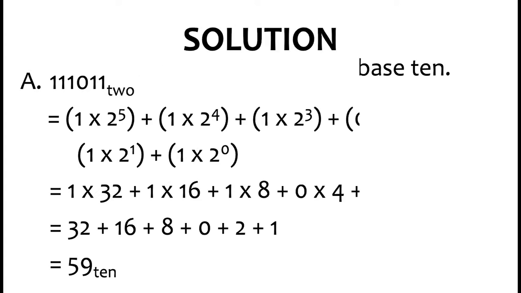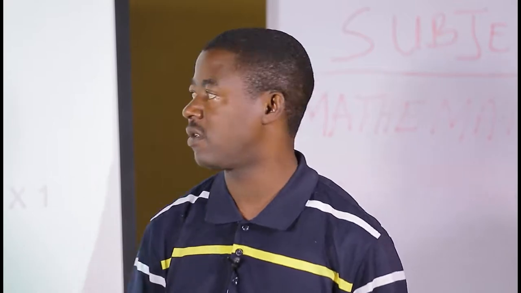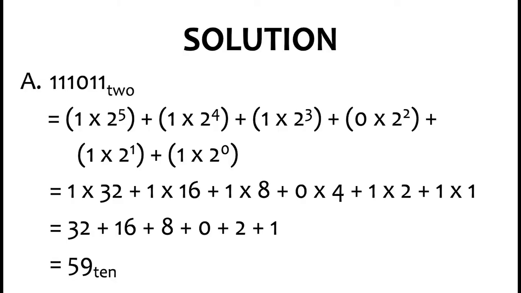All right? Solution. A, we have 1, 1, 1, 0, 1, 1, base 2. If we have to convert it to base 10, we use the expanded method. The first digit is 1, so 1 times the base, which is 2, raised to the power 5. That 5 signifies the number of digits ahead of that 1, plus the next digit is 1, 1 times 2 raised to the power 4.